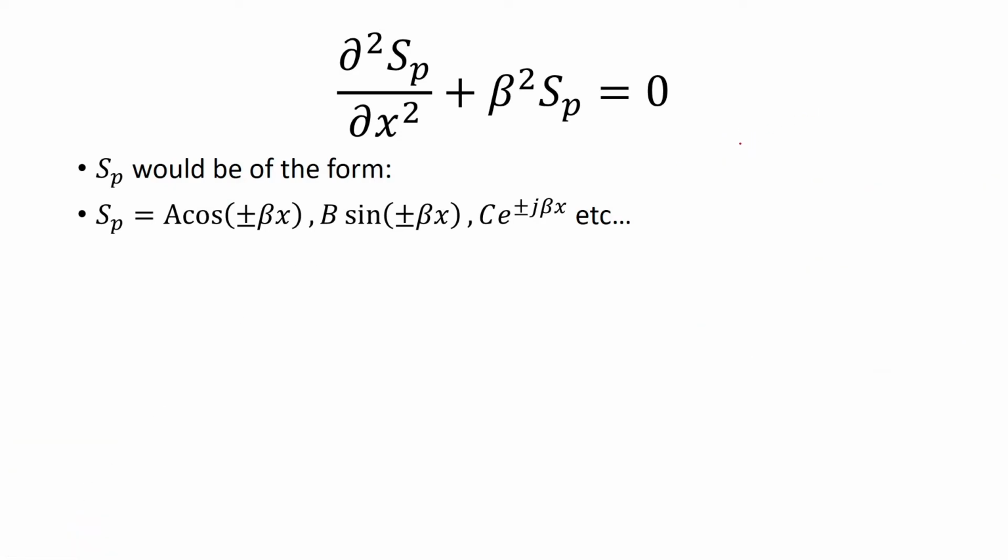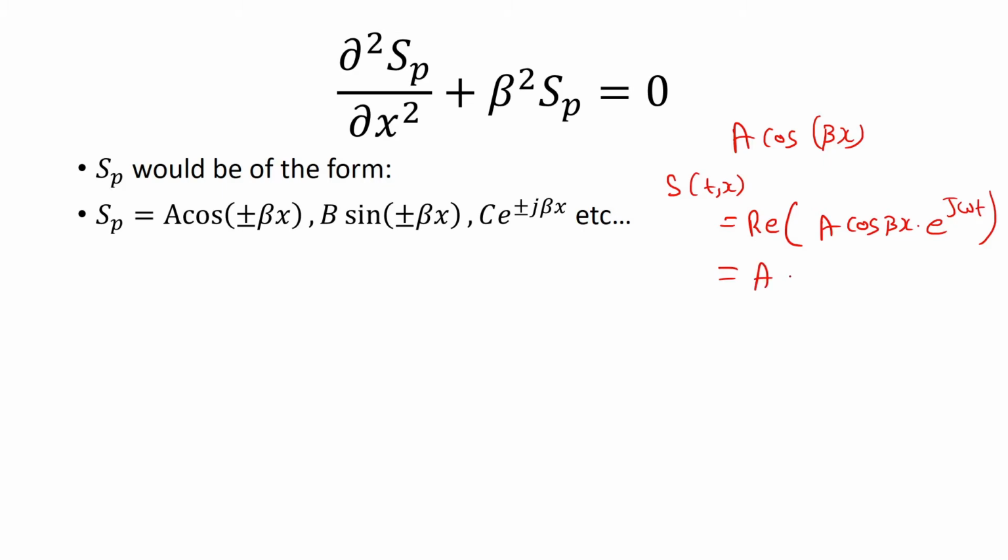Similarly, let us analyze the other phasor forms too. If the phasor form I have considered is a cos beta x, then the time domain version S of t comma x would be equal to real part of a cos beta x times exponential of j omega t, where exponential of j omega t is cos omega t plus j sin omega t.